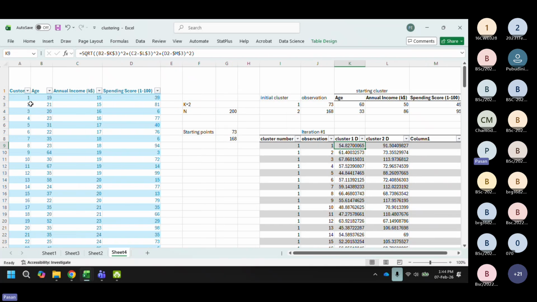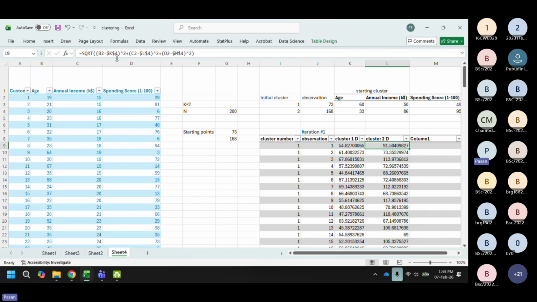In terms of the data set, right? B2, C2 and D2, and subtracting the K3, L3 and M3. So that is K, L and M, right? So that's these three values, right? So then I can repeat that for all the other 200 observations. And then similarly, I can do the calculation between each and every observation and the second center.